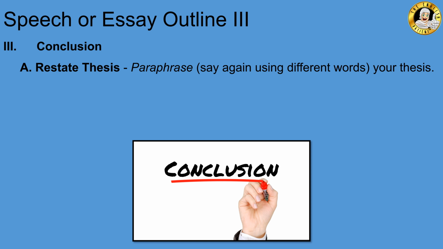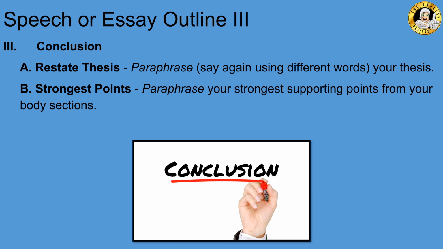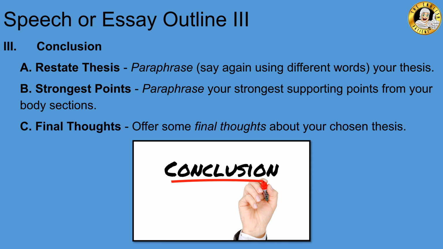And in this case, you're going to paraphrase your thesis statement, restate your thesis. Also, you can paraphrase the strongest points from your body sections as well. And then you can end with some final thoughts about your chosen thesis.